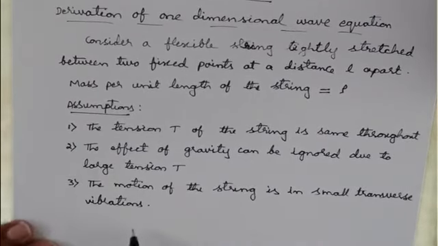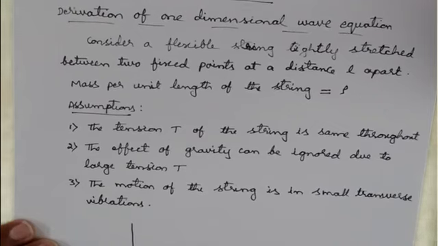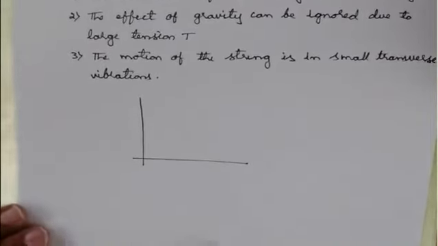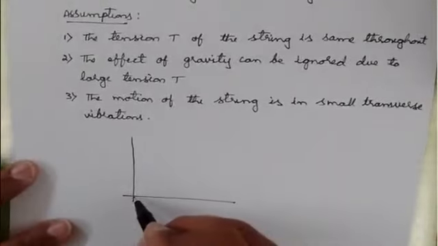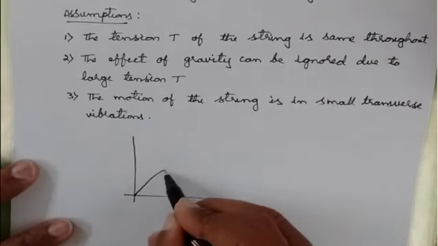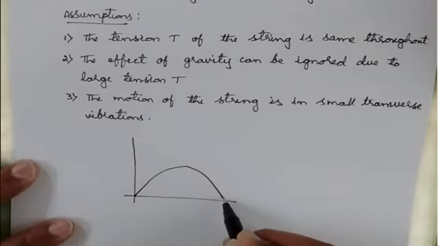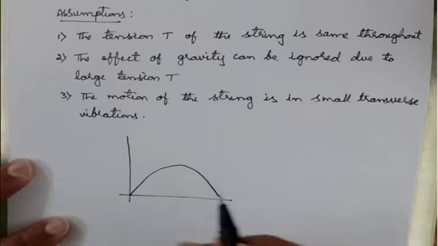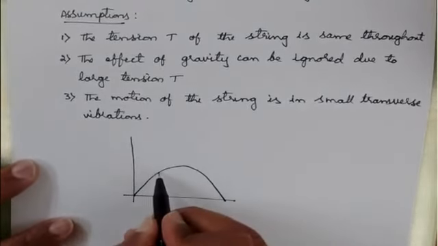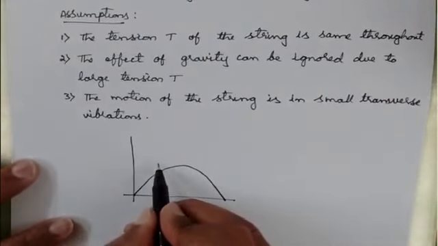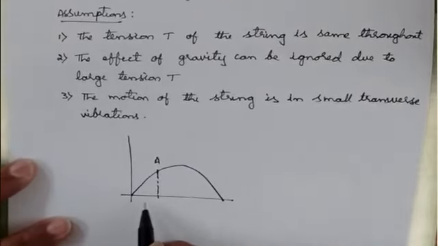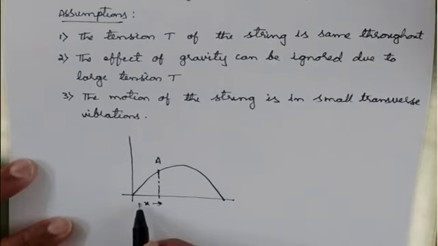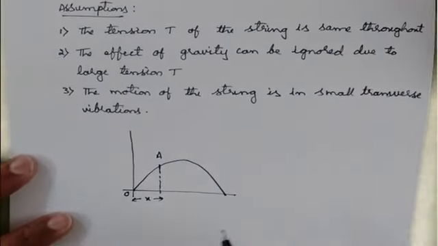So let me take the coordinate axis. This is x, and this is the coordinate axis that we have, and we are considering the wave, only one part of the wave. I am taking two points, say point A, and this point A on the string is at a distance of x from the origin.